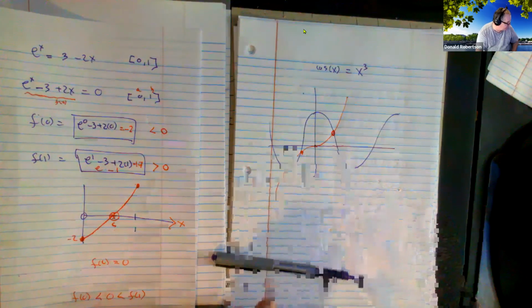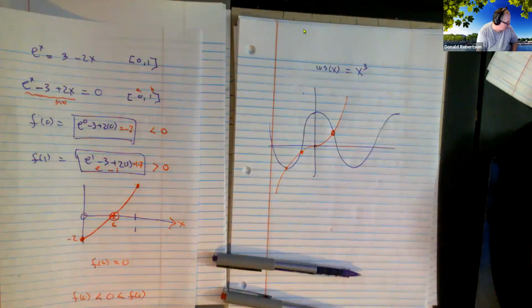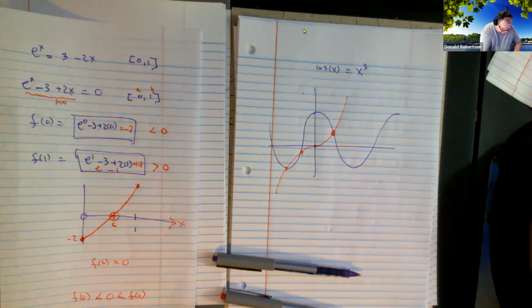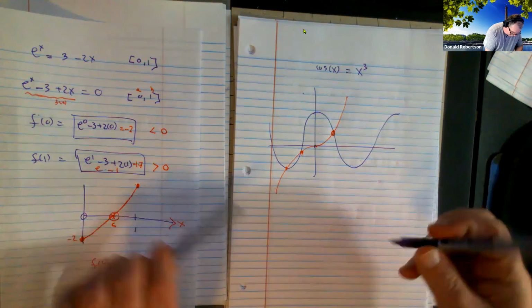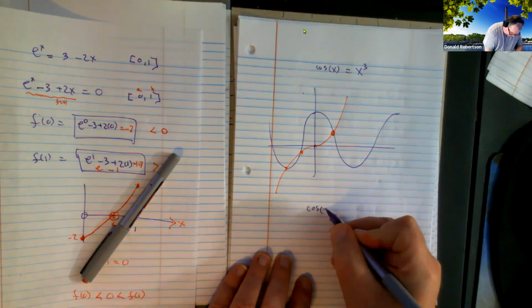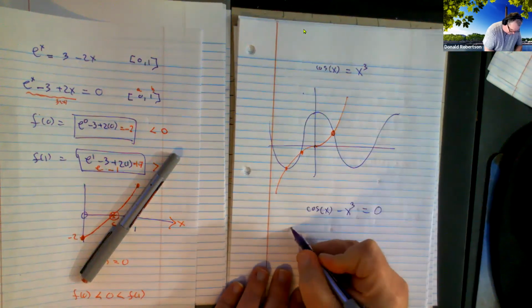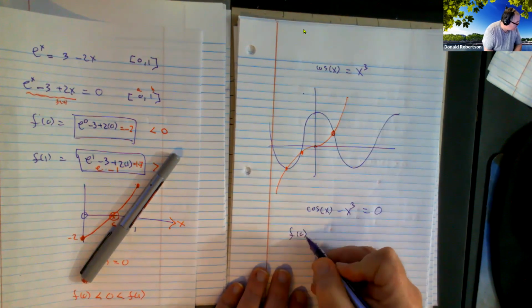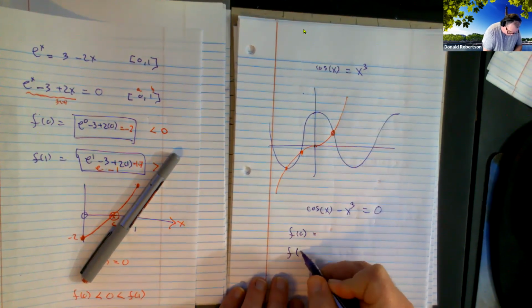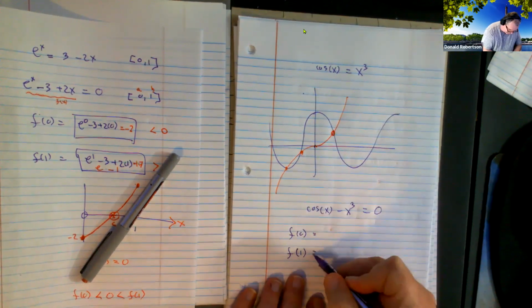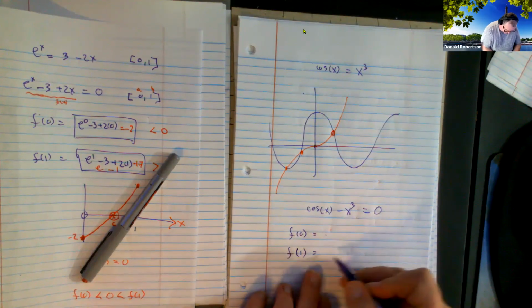In that question, they get you to set up your equation in the usual way by rewriting it like that. Then you find f of 0, and then you find f of 1. One of these answers is a positive number, and one is a negative.